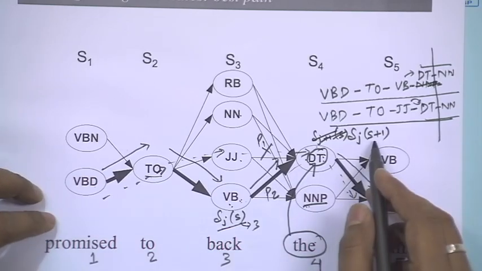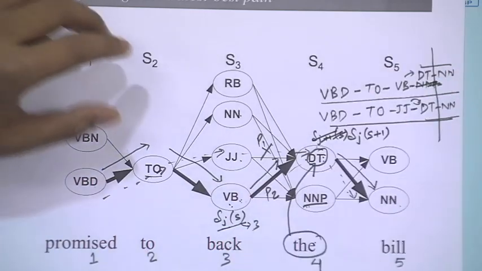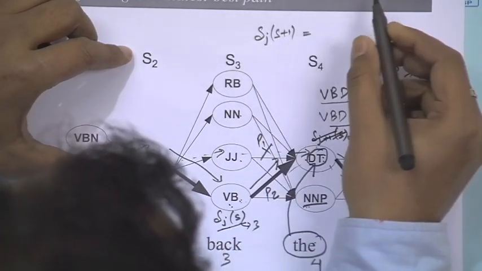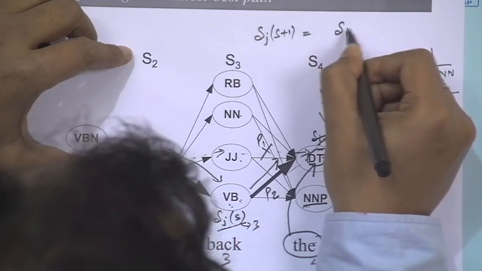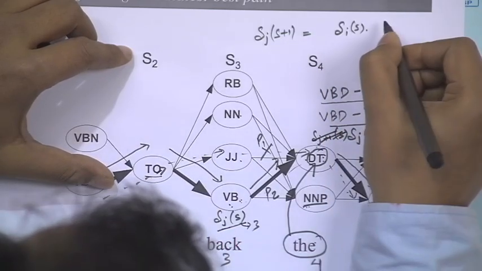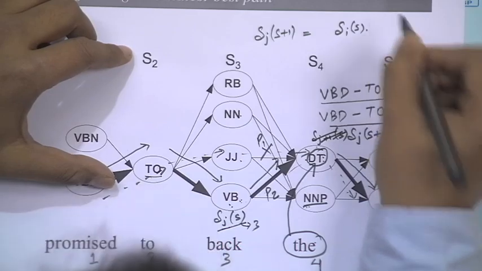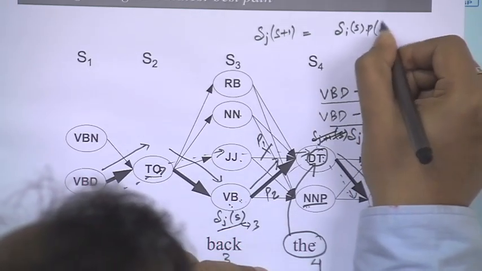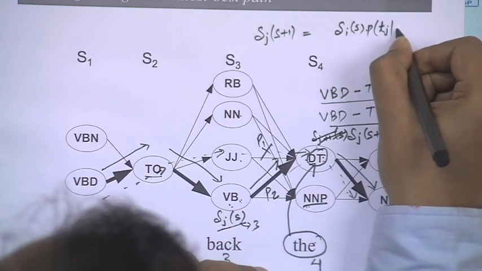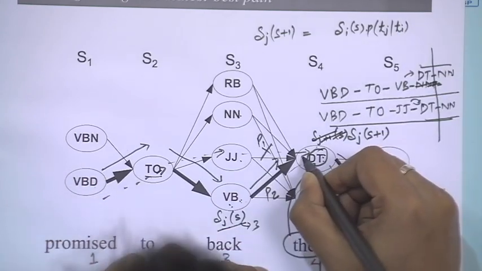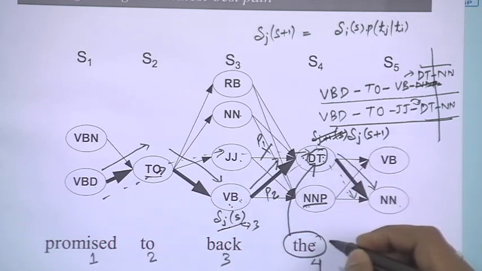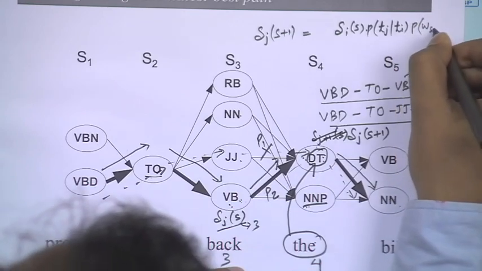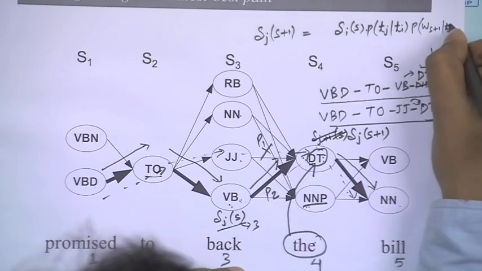So I can compute delta_j_(s+1) as delta_i_s times the probability of this tag sequence transition, that is the probability of tag t_j given t_i, and the emission probability, that is the probability of the word at step s plus 1 given t_j.